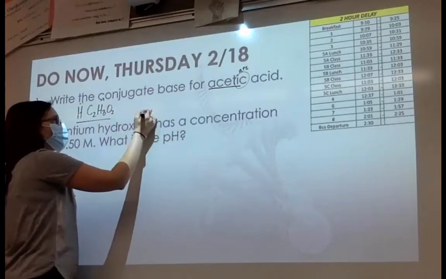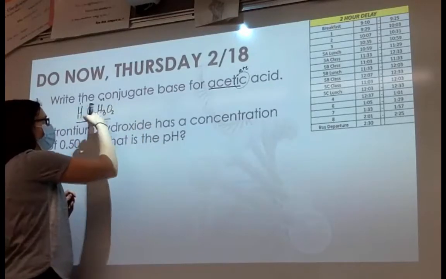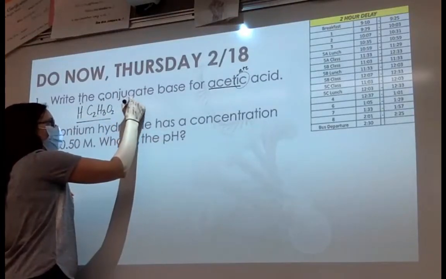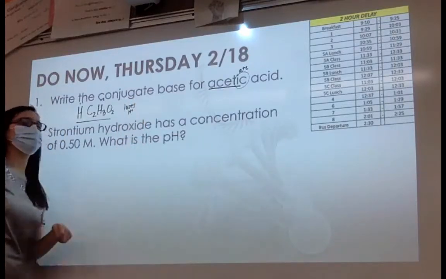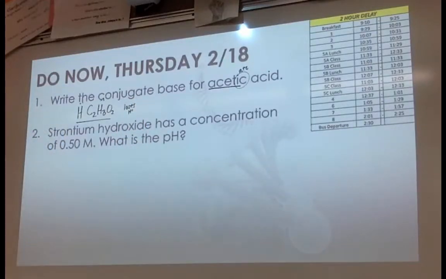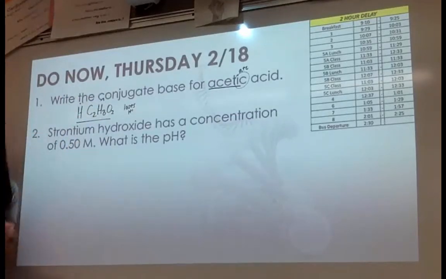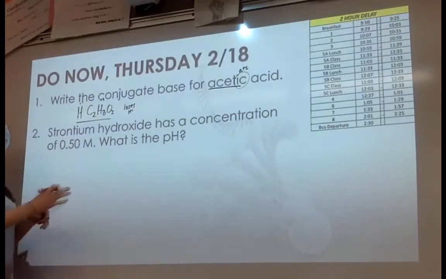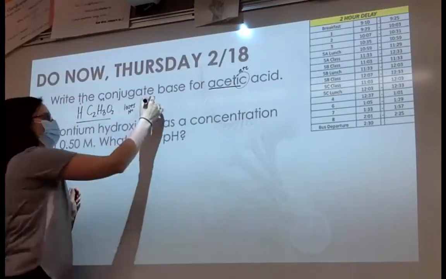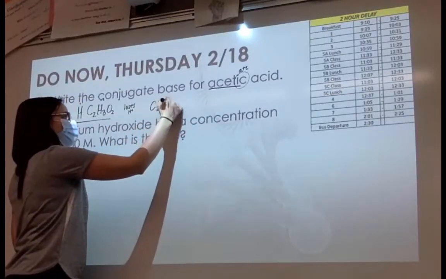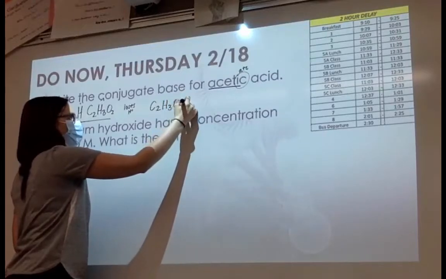Remember, the conjugate base is what you have after the acid loses an H+, because it donates an H+. Once it donates an H+, it becomes the conjugate base. So we're just going to remove that hydrogen that we put at the beginning.